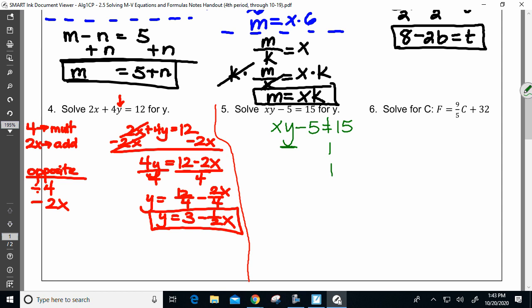What is x doing? So right now, what is x doing? Multiplying. Right now, x is multiplying. And we also have this 5. What is the 5 doing? Subtracting.